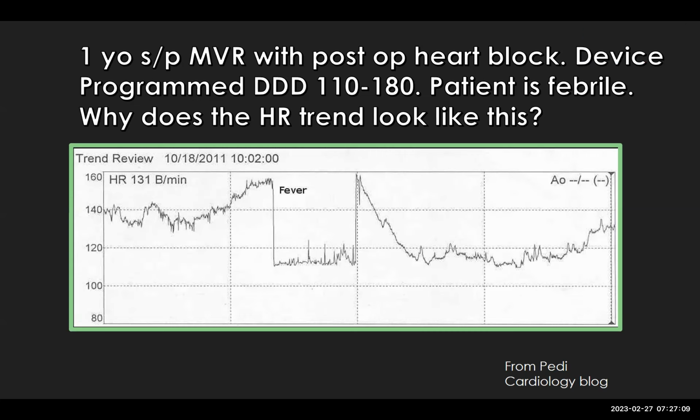So right now, we see these two spikes in the heart rate, and then it drops all the way down to your pacemaker minimum rate. Right. So we know that during the fever, the atrial rate is going to go higher, all the way up to our max rate of 180, and then all of a sudden we have a rapid drop in rate to our minimum rate.